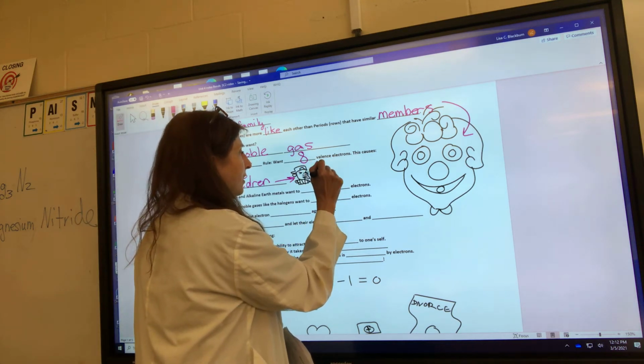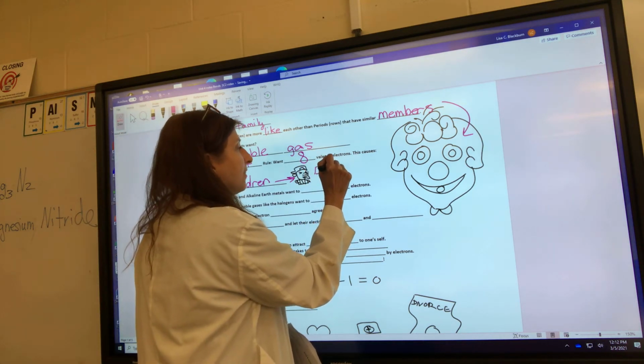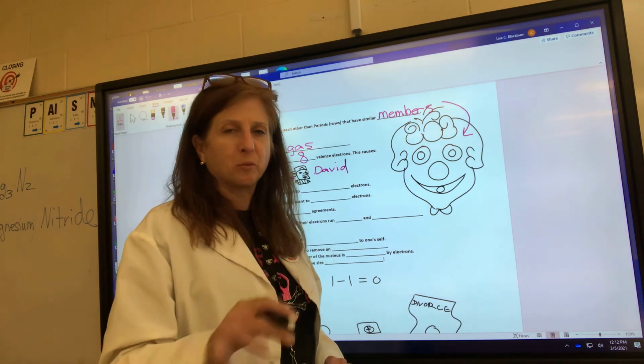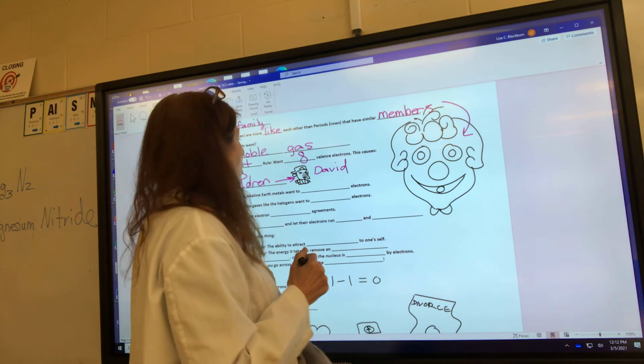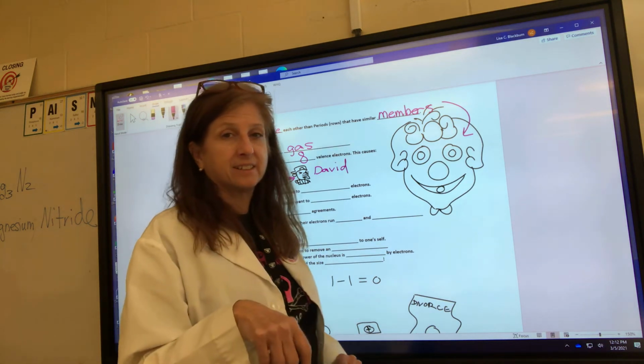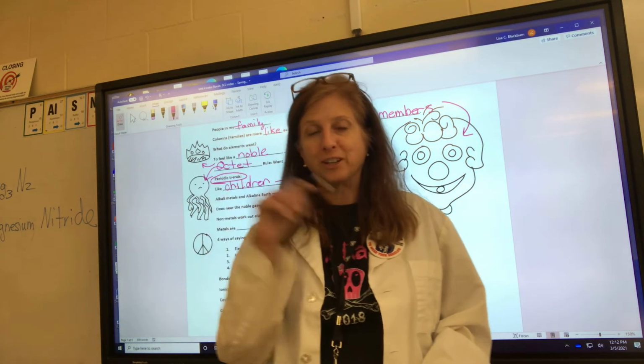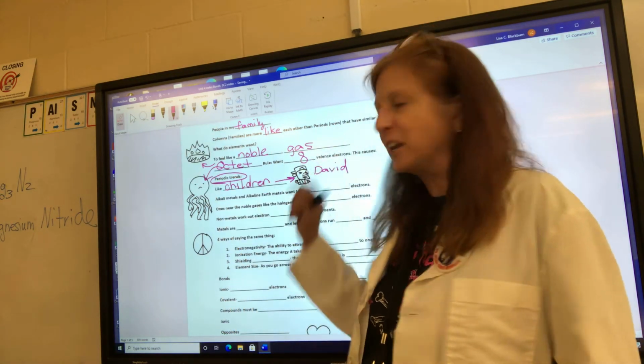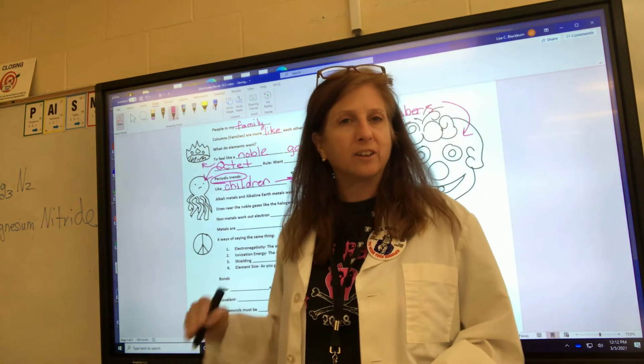This is my sister's son, David. We'll be talking more about him in just a minute. But my sister had 6 kids. I only had 3. And we're going to talk about the difference in big family dynamic and small family dynamic too, applying it all back to the periodic table.